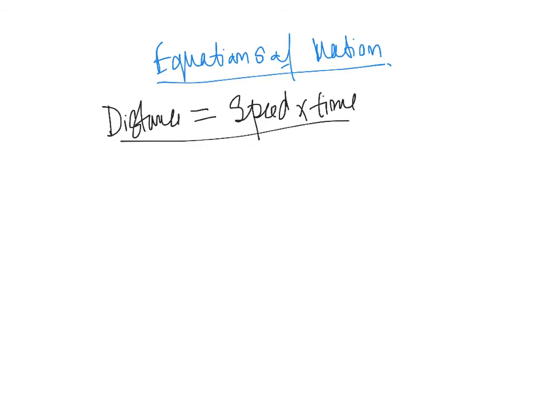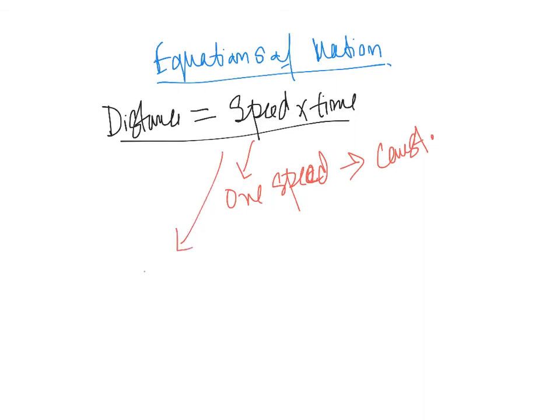That's all. Because during that time, we had only one speed, and the speed was not changing. The speed was constant. But now we would be working on two types of speed.